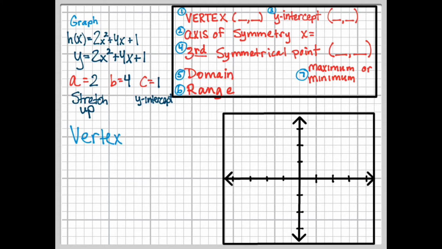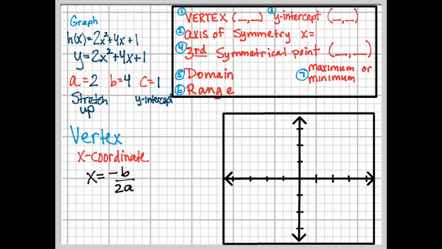In order to find the x-coordinate of the vertex, we're going to use a formula that we haven't seen before. So the formula for the x-coordinate of the vertex is x equals negative b over 2a.